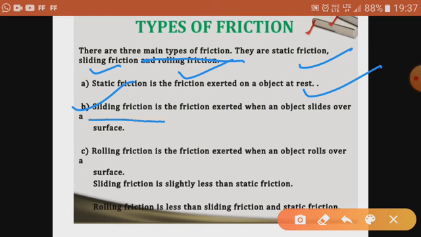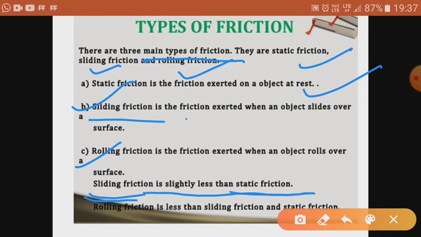Then sliding friction is the friction exerted when the object slides over the surface. And rolling friction is the friction exerted when an object rolls over the surface. So sliding friction is less than static friction.